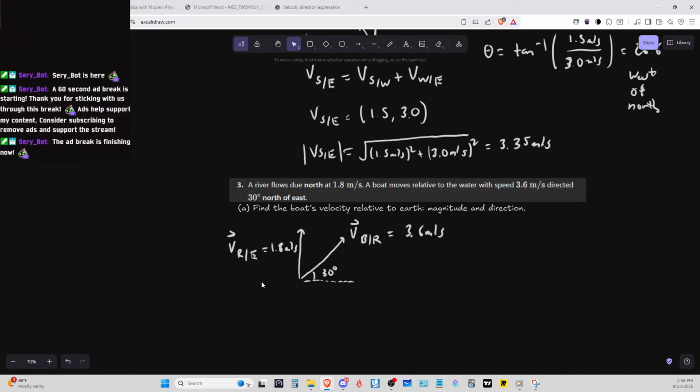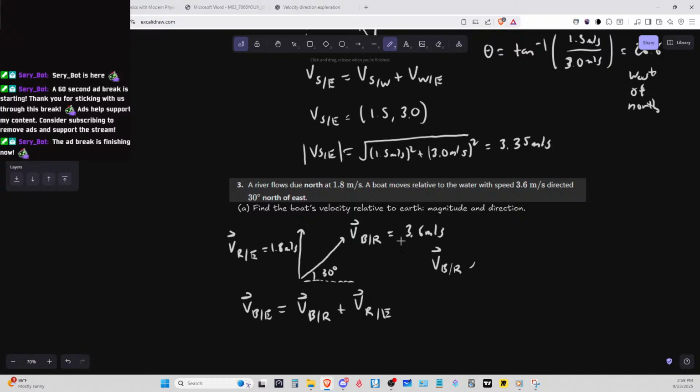So the equation that we have is the boat relative to the Earth is equal to the boat to the river plus the velocity of the river to the Earth. Okay, now so now we have boat to the river.